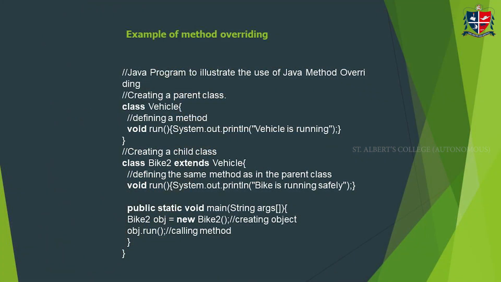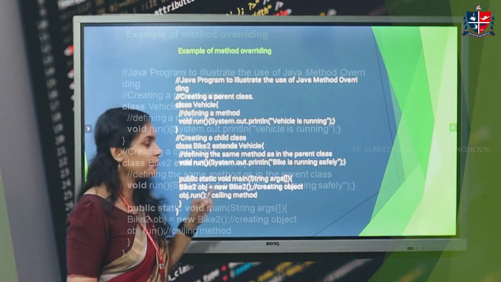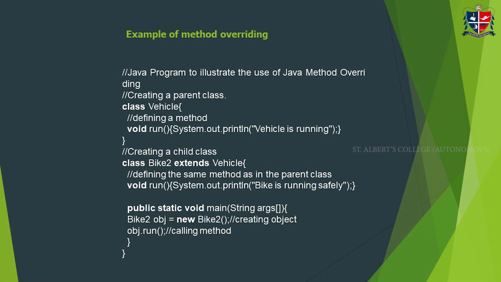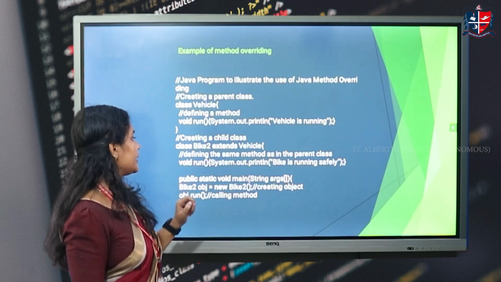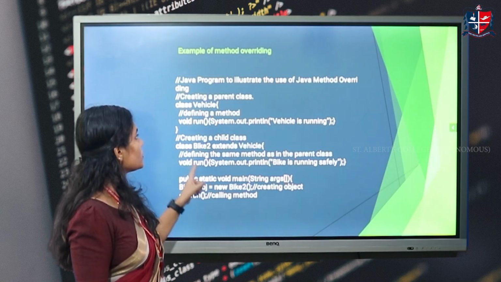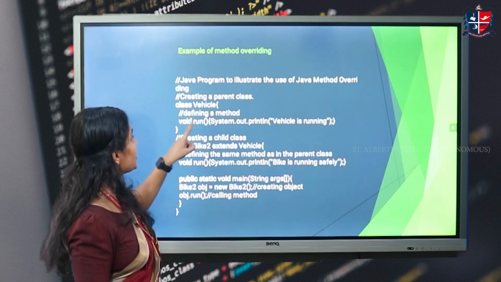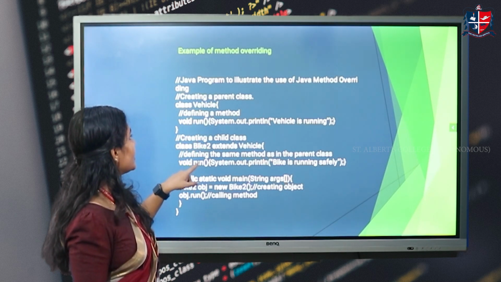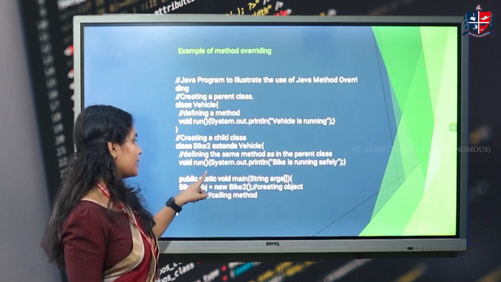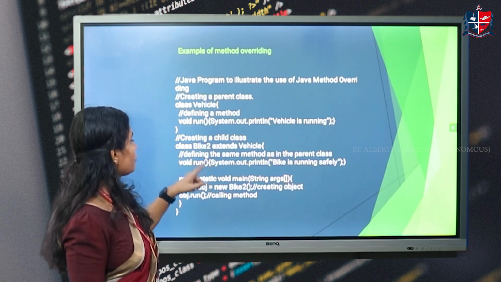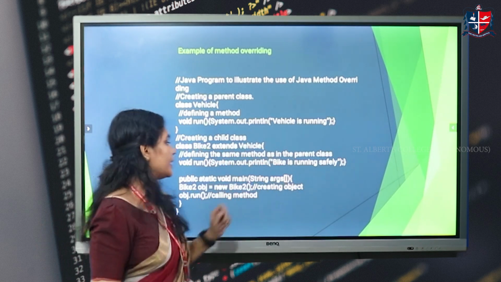The next case is Vehicle as the main class, with void run as the function inside the main class. Bike2 is the subclass, and it extends from the main class Vehicle. Void run is also inside the subclass. That means the run method is in the Vehicle class and also in Bike, the subclass. It prints messages like vehicle is running and bike is running safely.